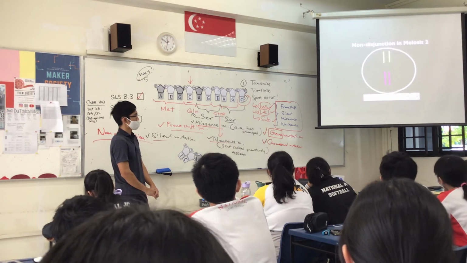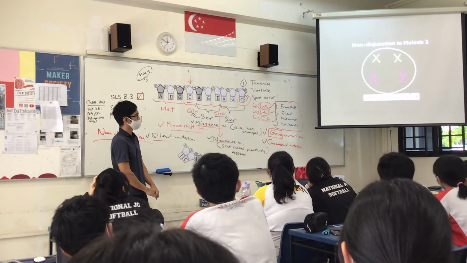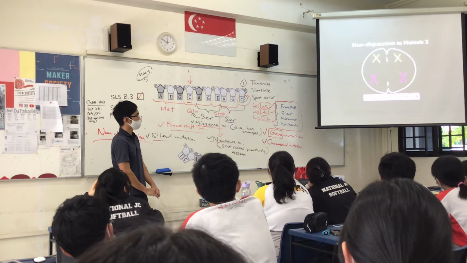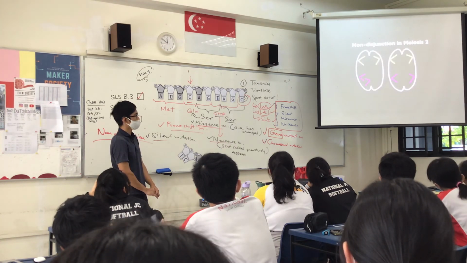In this second example, we'll show non-disjunction in anaphase 2 of meiosis 2. So you can see the pink sister chromatids on the left-hand side fail to separate into separate daughter cells.